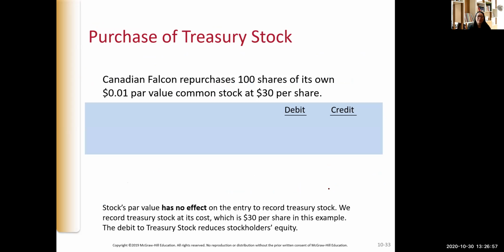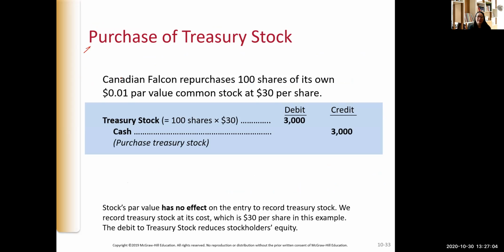Okay, so let's look at an example. How do we record a purchase of treasury stock? First, Canadian Falcon repurchased 100 shares of its own 1 cent par value common stock at $30. For treasury stock, we debit treasury stock and credit cash, because you are giving up cash and you are creating treasury stock. We do not record treasury stock at par value.